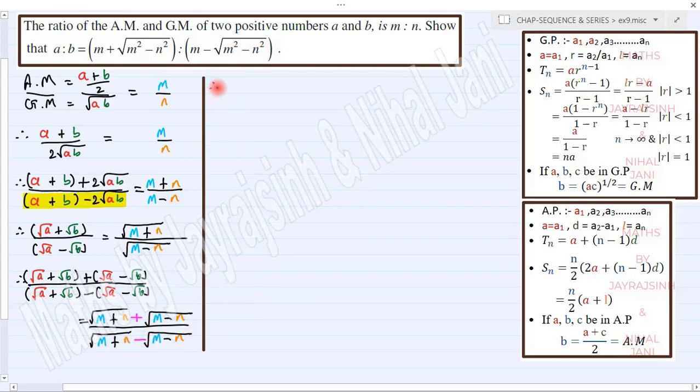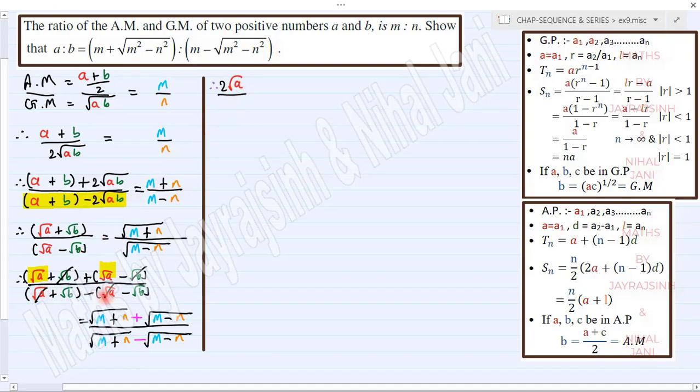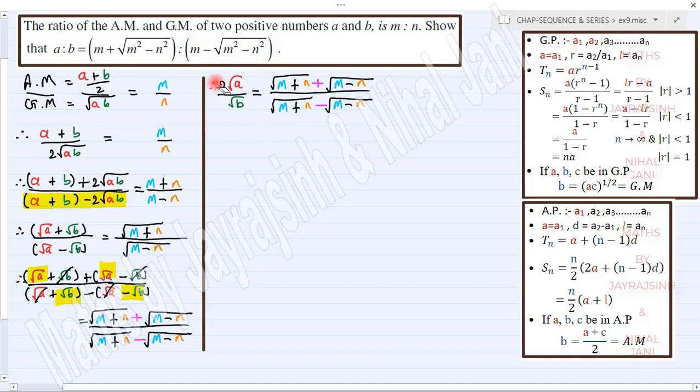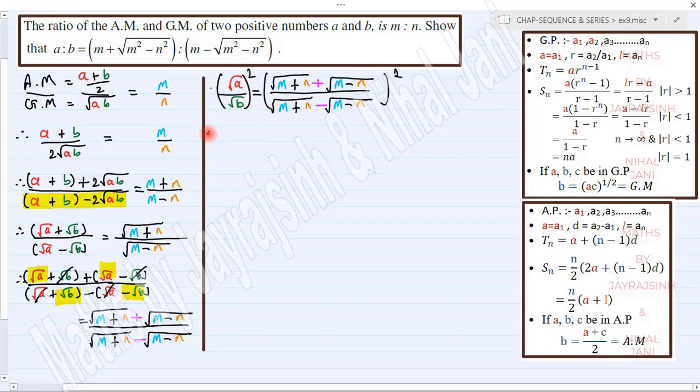So, on the left hand side, root b will cancel out and we will get 2 times root a upon root a will cancel out and we will get 2 times root b is equal to, your right hand side will remain as it is. So, here your 2 will cancel out, and to get a by b, we have to take square on both sides. So, we will get a by b.